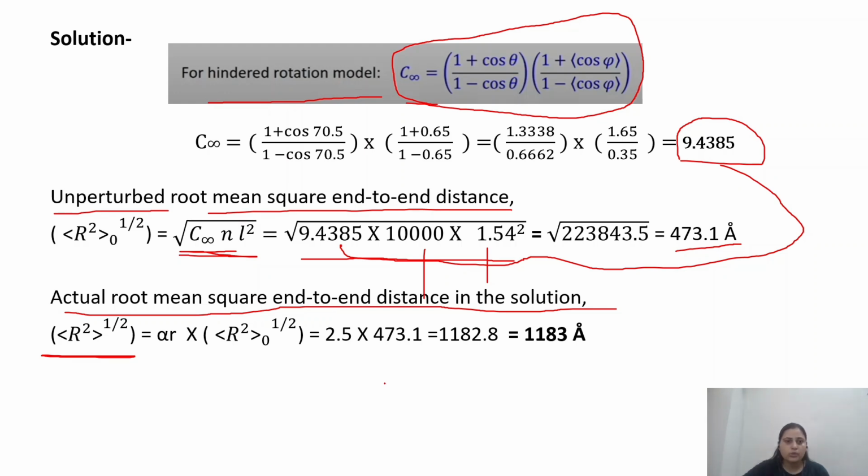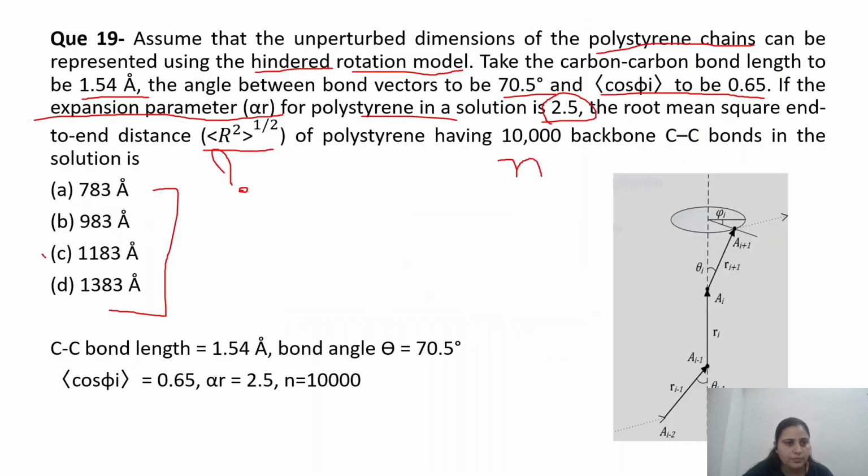So the root mean squared end-to-end distance will be the expansion coefficient into the unperturbed root mean square end-to-end distance. From this formula, 2.5 into 473.1, which we just calculated, equals 1183 angstrom. So option C is correct.